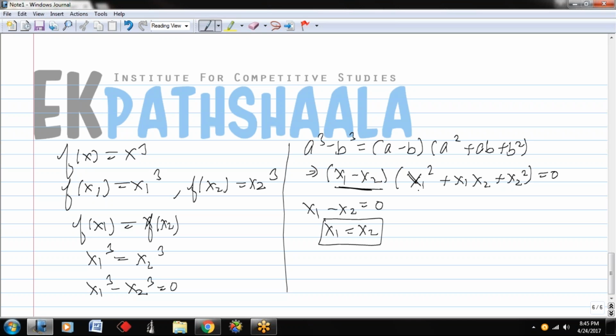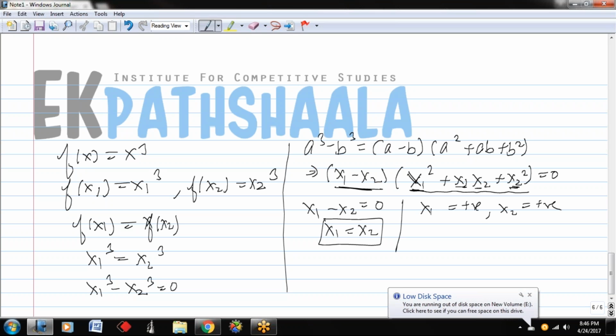Now this part can never be equal to 0. Reason being, let us say x1 is positive and x2 is also positive. Therefore positive square will be positive, positive square will be positive, positive into positive is positive. All the three numbers are positive, and if three positive numbers are added, they can never add up to 0.